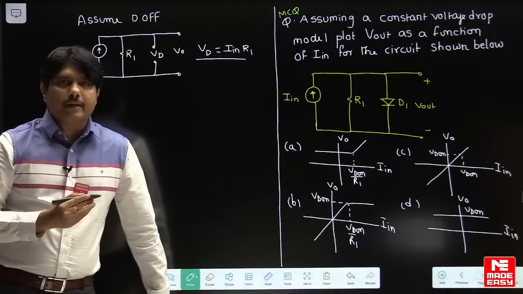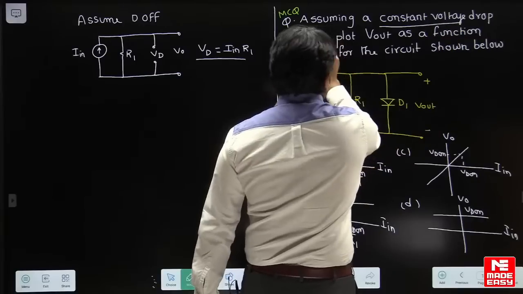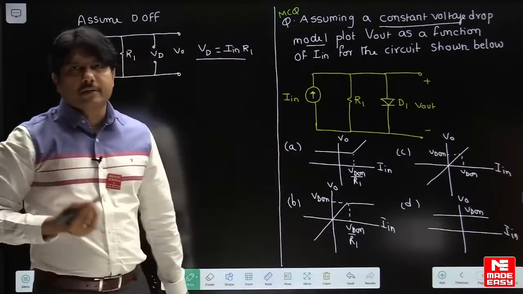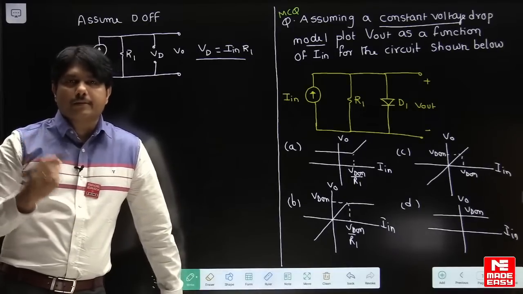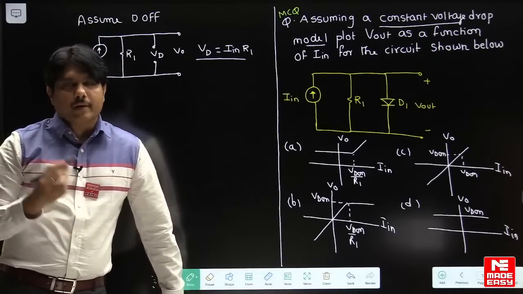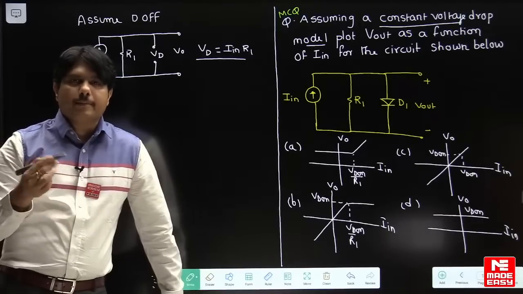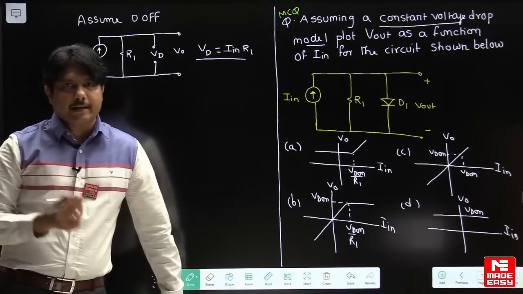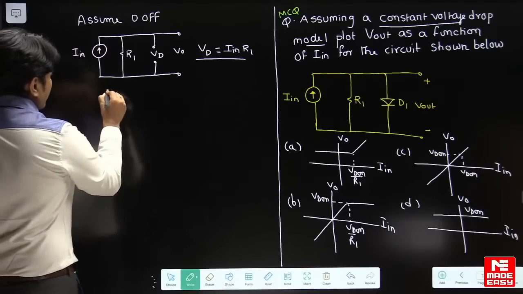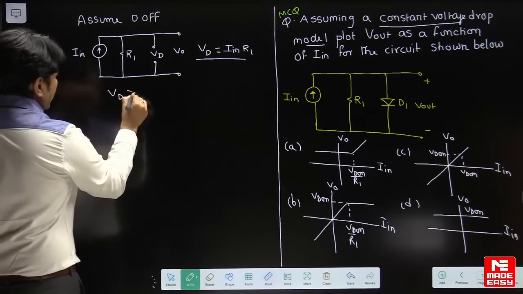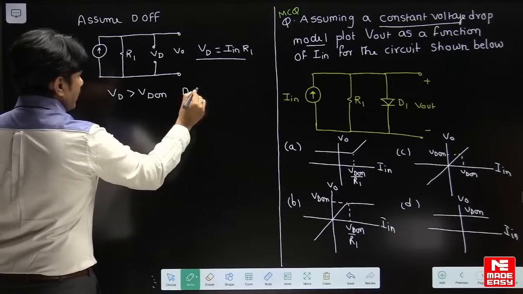Now the point here is he has used a concept called constant voltage drop model. Generally when we study diodes, we use three different models. One is the ideal model, one is the CVD model, that is constant voltage drop model, and one is the PWL model, piecewise linear model. In the CVD model, the concept to apply is, if VD is greater than VD on, your diode will be on.